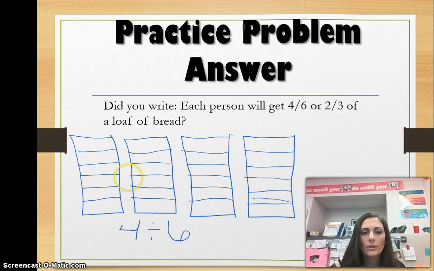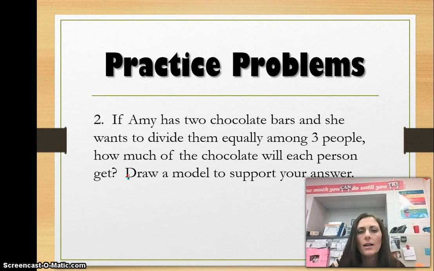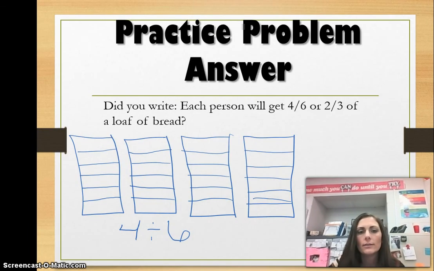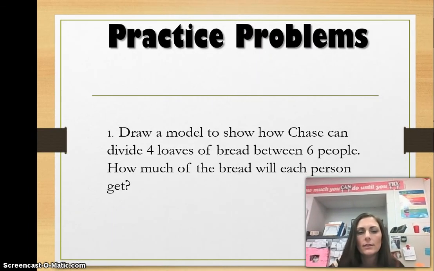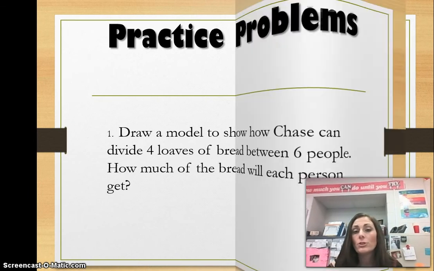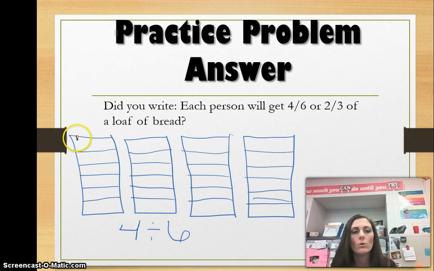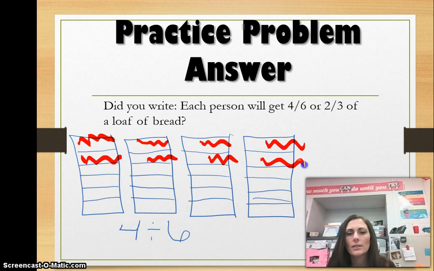And if you remember, let's go back. Between 6 people. 4 loaves of bread between 6 people. So we have 1 person. Here's our second person. Our third person.